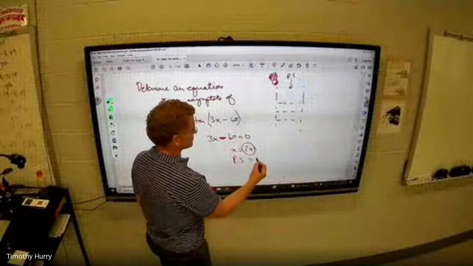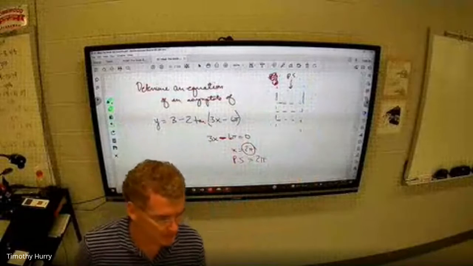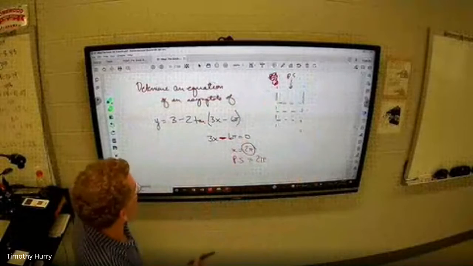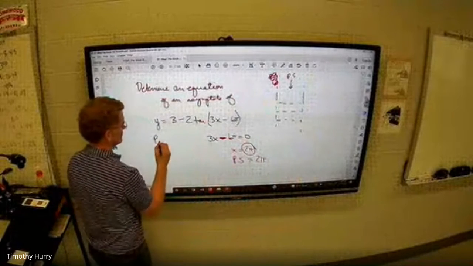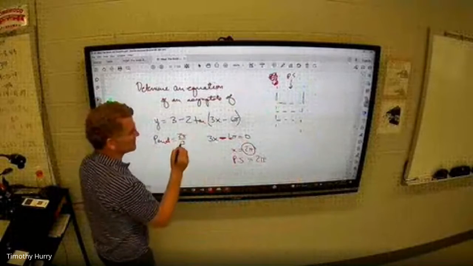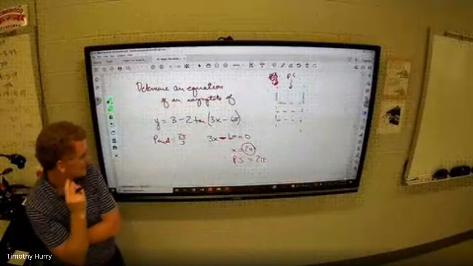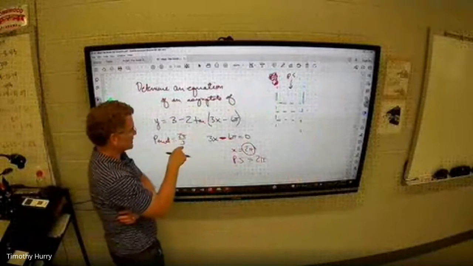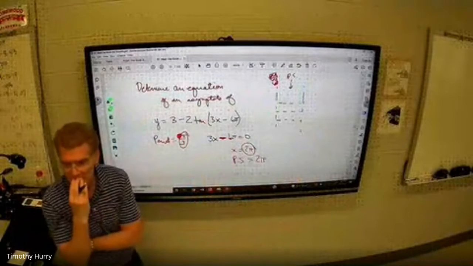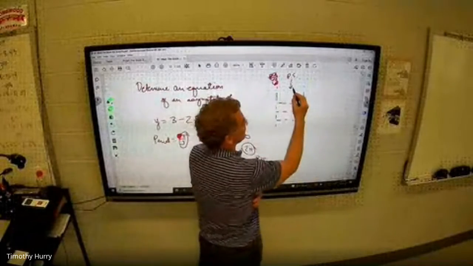What do I have to do with the phase shift to find the asymptote? I need to find the period, which is what? The period is, oh gosh, yes, my bad. Yes, period, pi over 3. And then do what? And then go half each way.